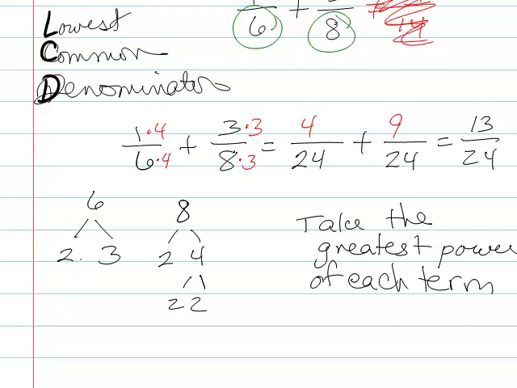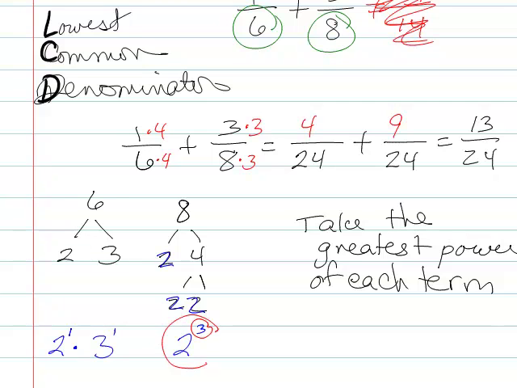So I can write 6 as 2 times 3, and I can write 8 as 2 cubed, right? 2, 2, 2. So I want to take the greatest power of each term. Hopefully you remember that 2 is 2 to the first. So out of my 2's, the highest power is the 3.